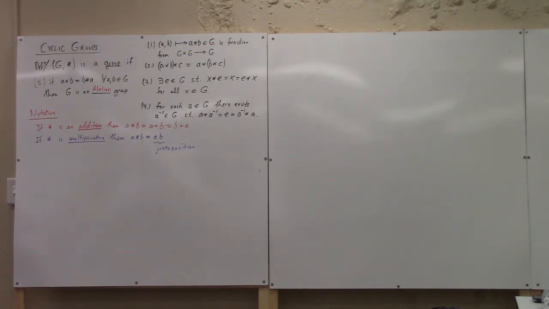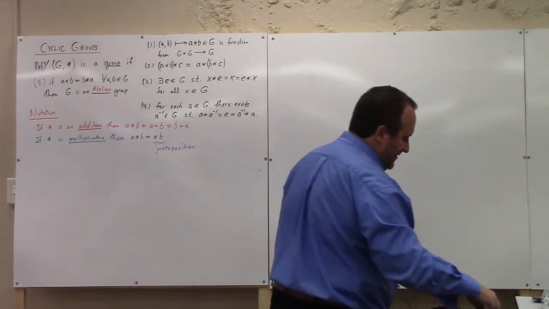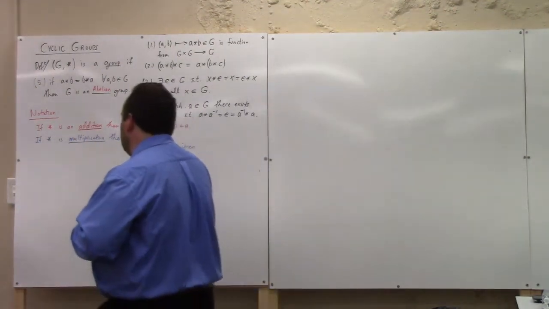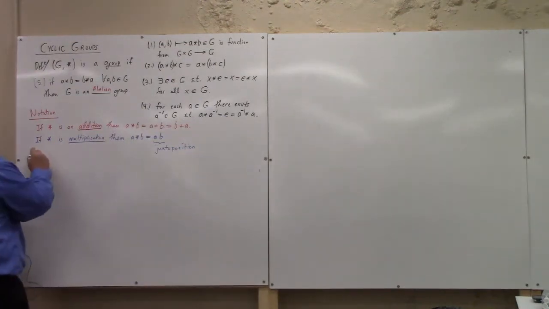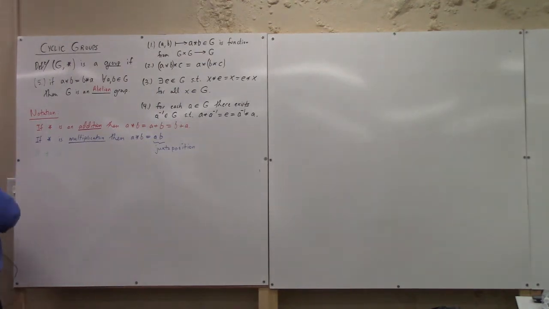Now, so you have addition, you have multiplication. These are common operations, right? Can you think of any other kind of operation of a group that you saw in your abstract algebra course? Division? No, division won't do it.